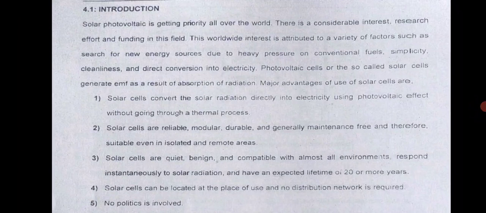The first advantage is that the solar cell converts solar radiation directly into electricity using the photovoltaic effect, without going through a thermal process. So this is one of the advantages of the solar cell: solar radiation is directly converted into electricity.